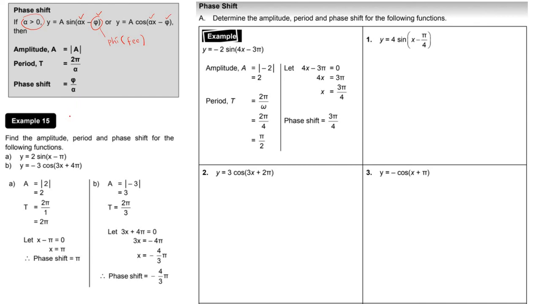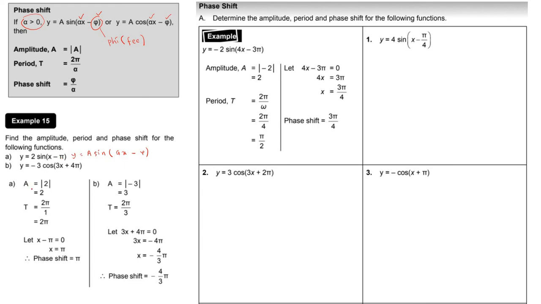Find the amplitude, period, and phase shift for the following function. Okay, first equation y equal to sine x minus pi. Okay, you can compare to y equal a sine alpha x minus phi. So a 2, alpha 1, and phi is pi.